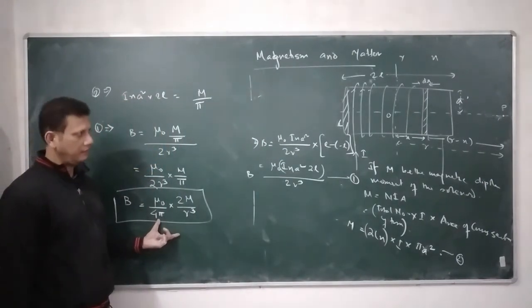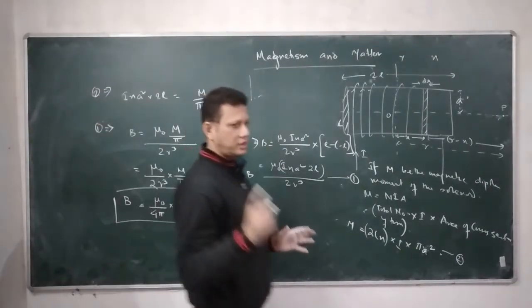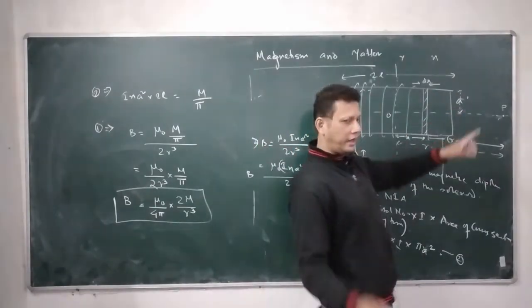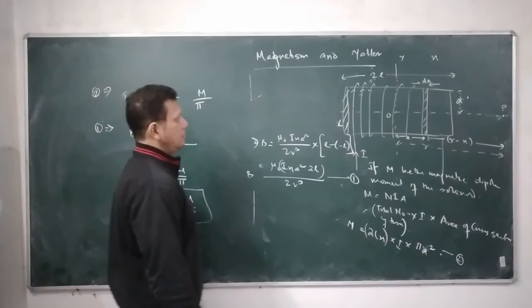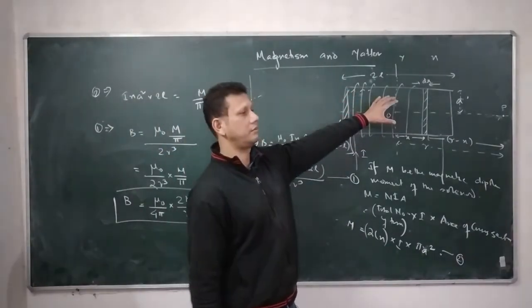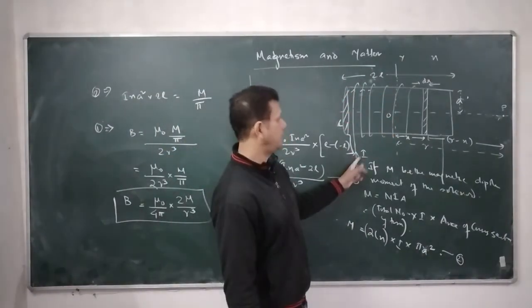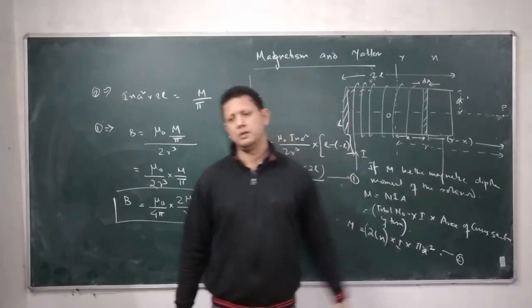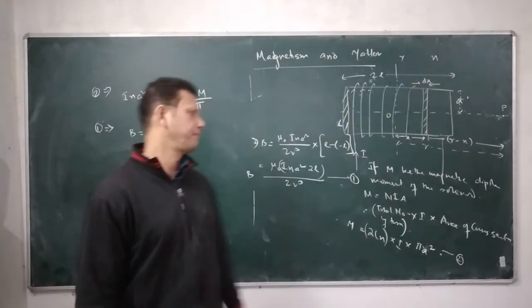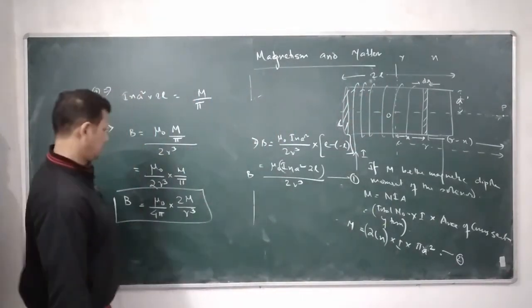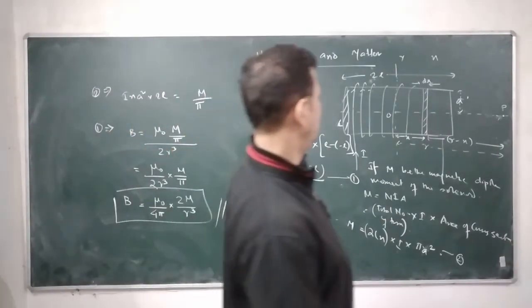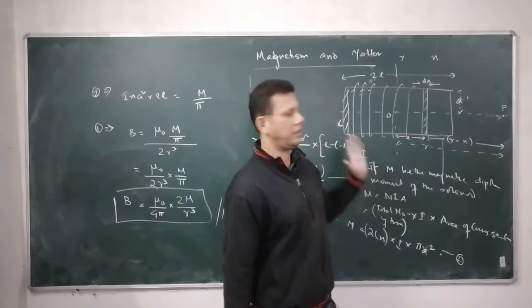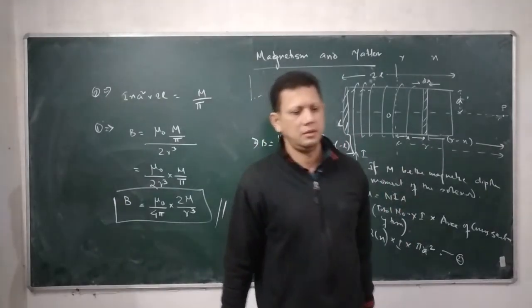You can say that the magnetic fields associated with a solenoid and with a bar magnet are almost the same. Whenever a current is passed through a solenoid, it behaves like a bar magnet. So this is our proof that in fact a current carrying solenoid behaves like a bar magnet. Okay, thank you.